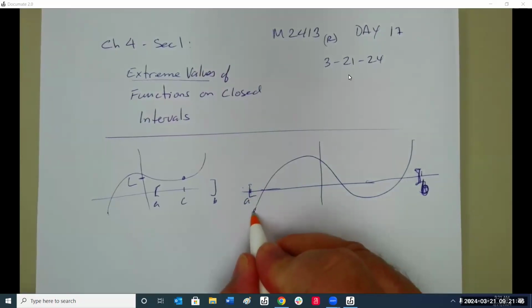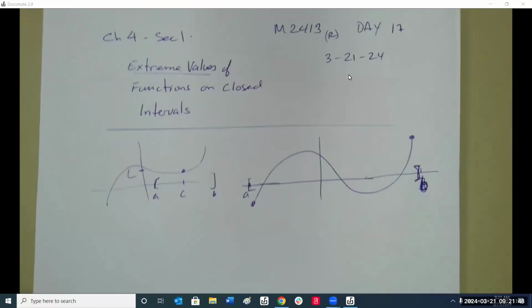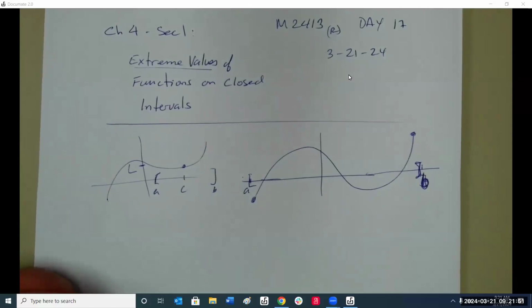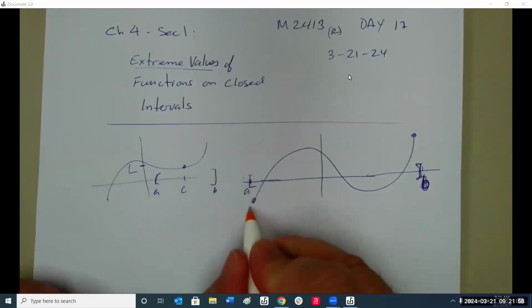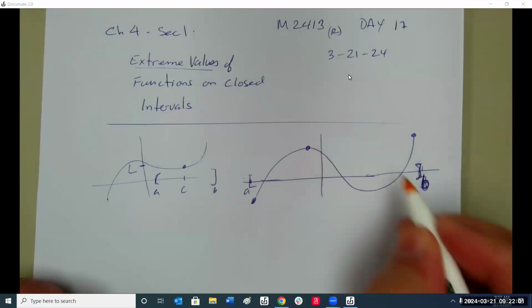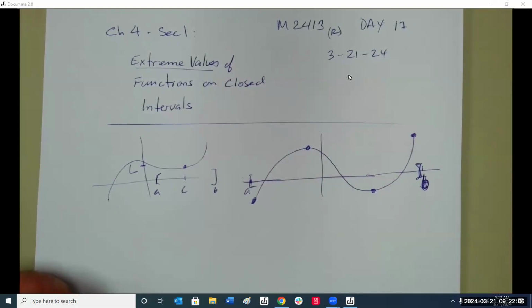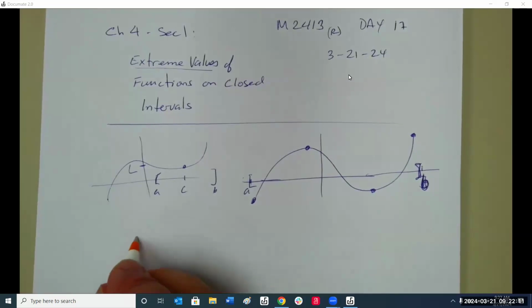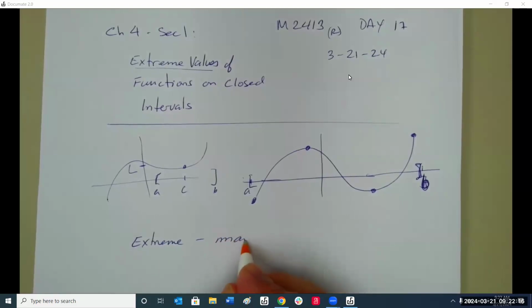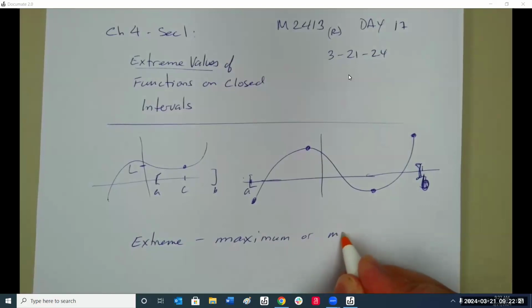So with this one, how many extreme values do you see? Extreme means the highest or lowest. Well, we have one here, we have one there, we have one there, and we have one there. When we say extreme, we're looking at either the maximum or minimum.